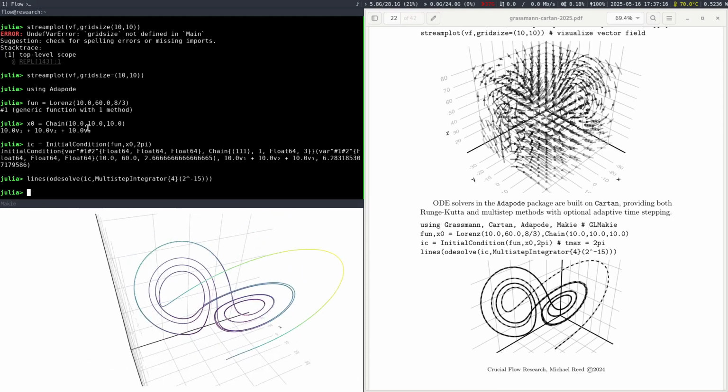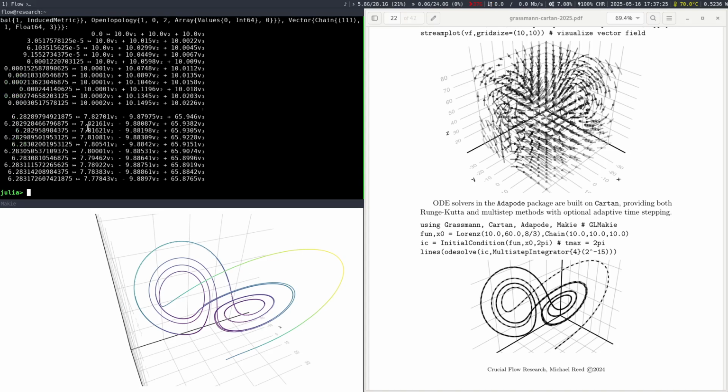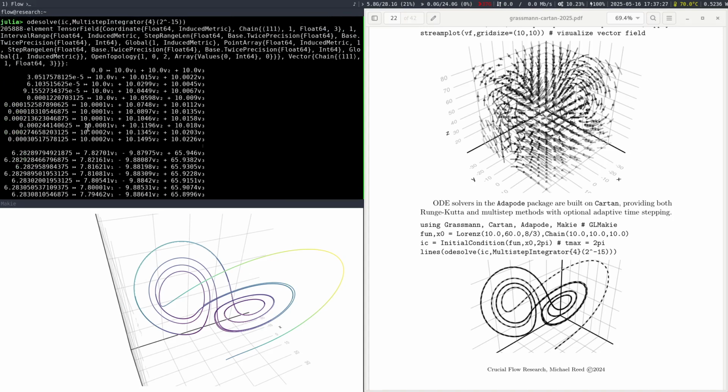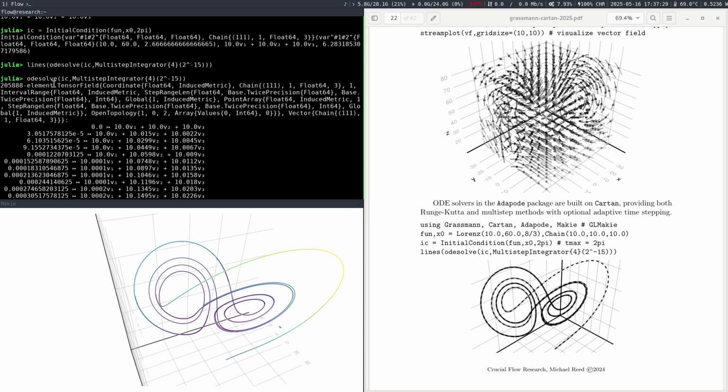And how does this work? Well, we're just visualizing it with the Makie software, but if you just run ODE solve by itself, this produces a Cartan TensorField, okay? So all these things are TensorFields, Cartan TensorFields, okay? And the Grassmann package is used as the foundation, like all these vectors and stuff, they're Grassmann elements, okay?